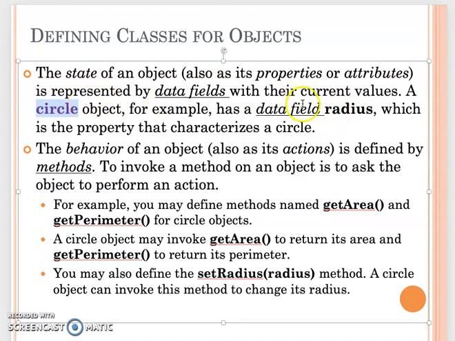After we have a circle, we may want to know the area and the perimeter. Here we can say either perimeter or circumference. If we want to get the area or circumference, we write a method such as get area or get perimeter. In get area, we calculate the circle area as pi r squared. Those are the methods.